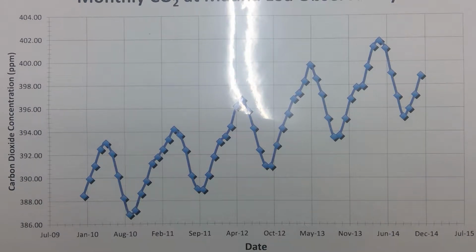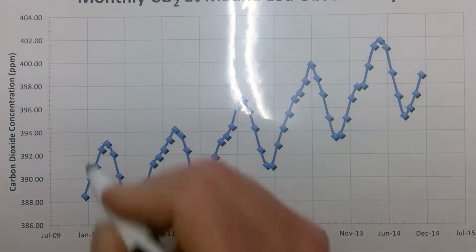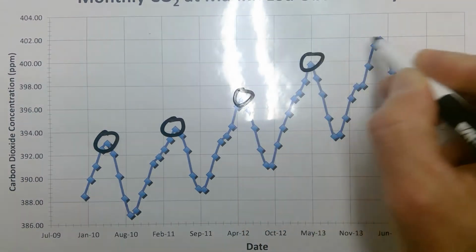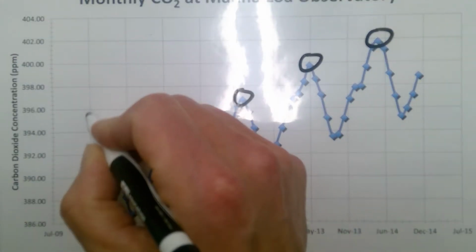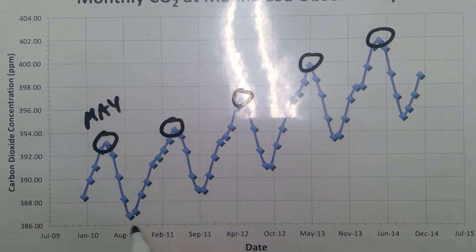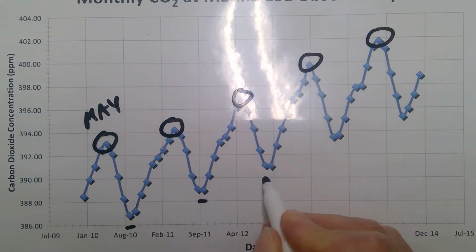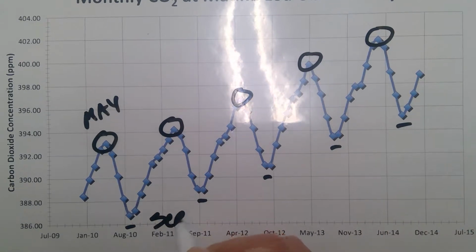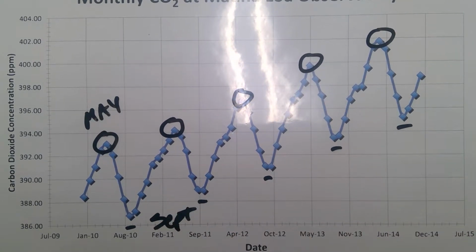So the CO2 levels increase sometimes and they decrease sometimes. Looking at this graph, every single year, the monthly maximum is in May. Each year, the minimum is in September.